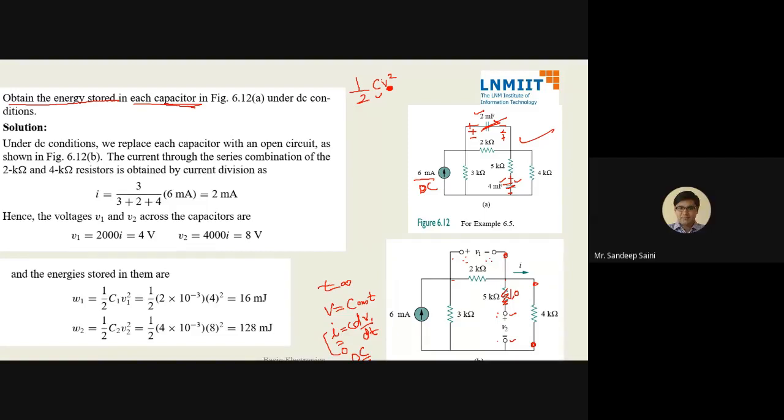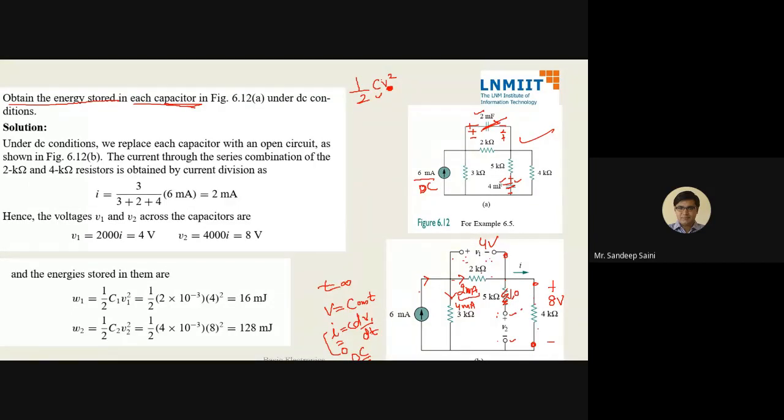Now this is a simple circuit. There is a 6 milliampere current, 3 kilo ohm on this side, and 2 and 4, so 6 kilo ohm, on this side. That means in this branch 2 milliampere will go, and in this 4 milliampere will go. 2 milliampere into 2 kilo ohm is 4 volt, and 2 milliampere into 4 kilo ohm is 8 volt.